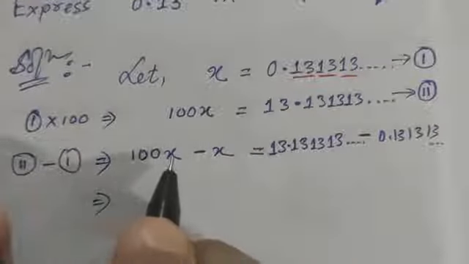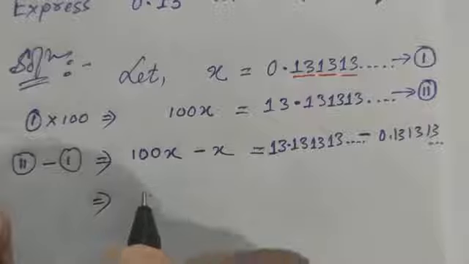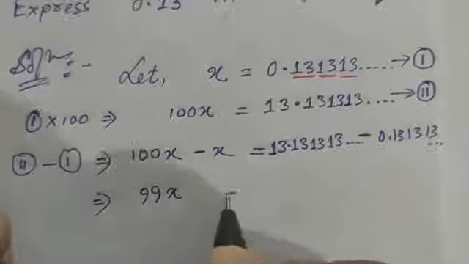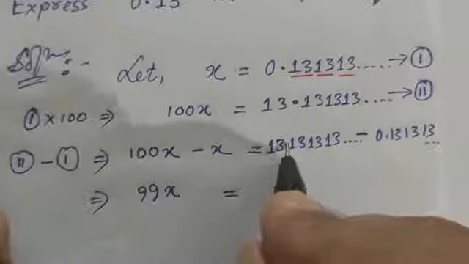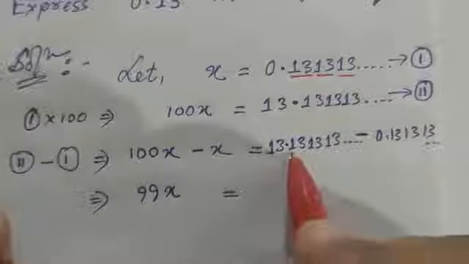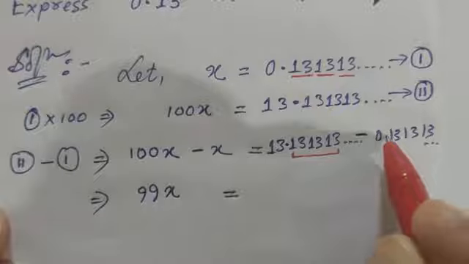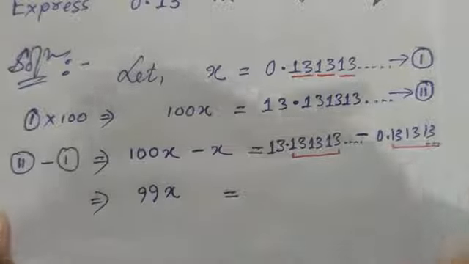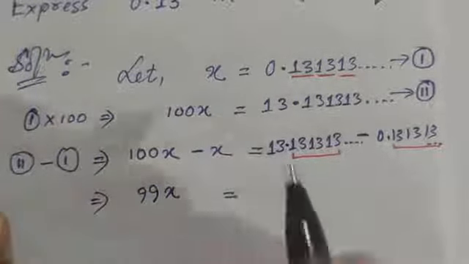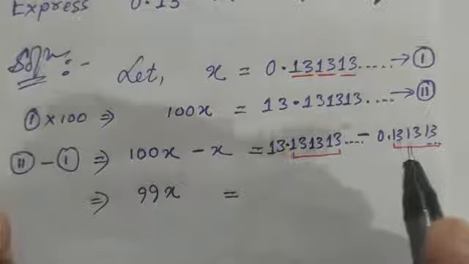100 times x minus x will give you 99 times x. On that side, if you observe carefully, after the decimal there are only 1 3 1 3 1 3, and on the other side after the decimal also there are only 1 3 1 3 1 3. So if you subtract after the decimal, nothing remains, that means 0.